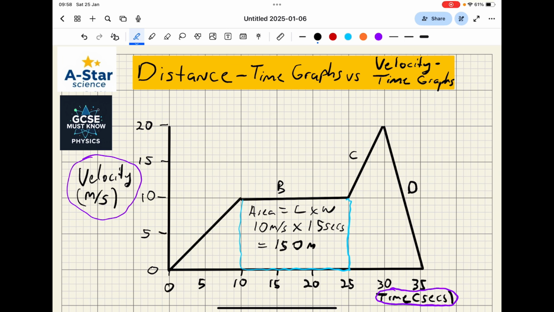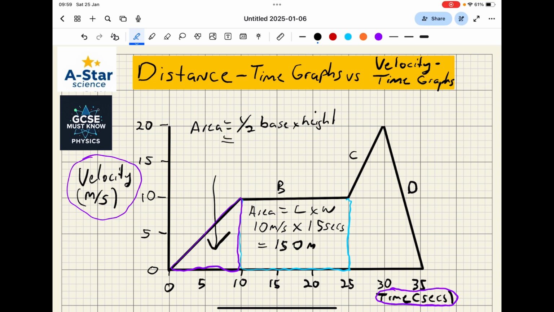But how about the other areas? Well, we can look at this area here, which is a triangle, which I'll put in purple. And we know from maths that area is half base times height.